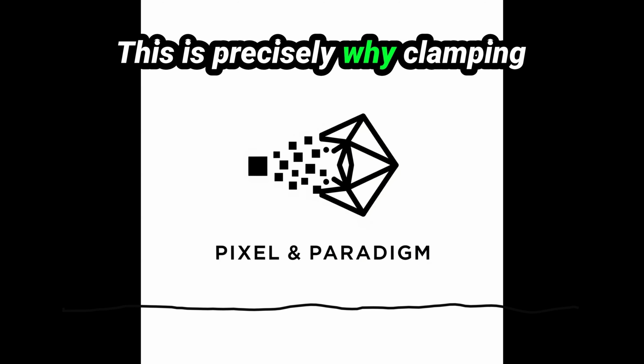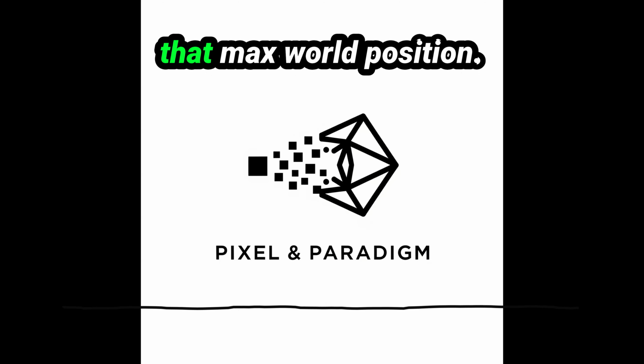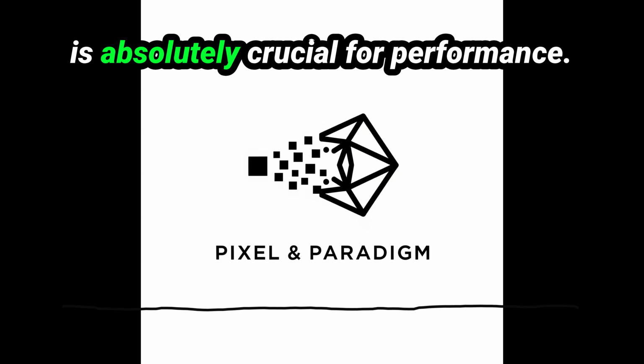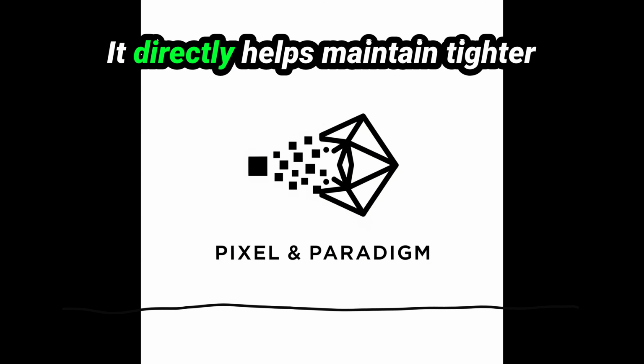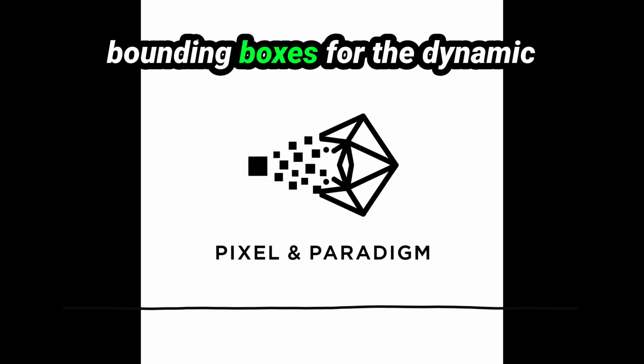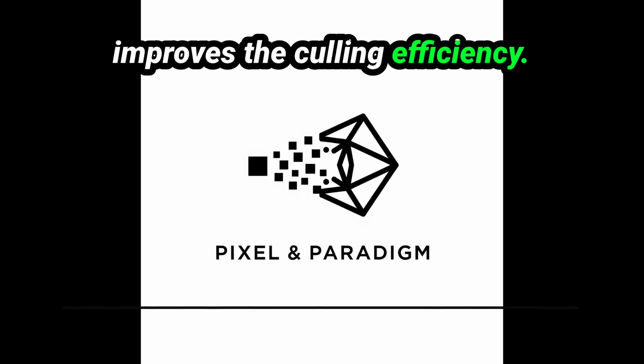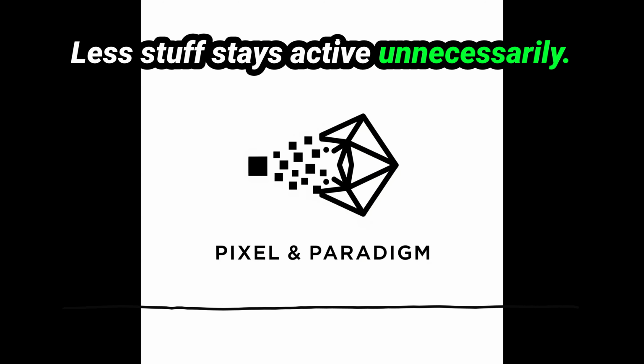This is precisely why clamping the WPO displacement using that max world position offset displacement setting in the material is absolutely crucial for performance. It directly helps maintain tighter bounding boxes for the dynamic Nanite clusters, which in turn improves the culling efficiency. Less stuff stays active unnecessarily.